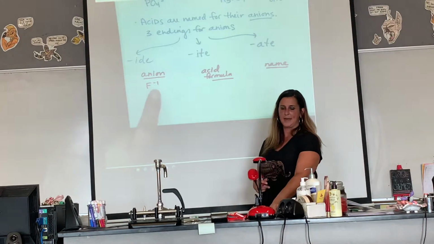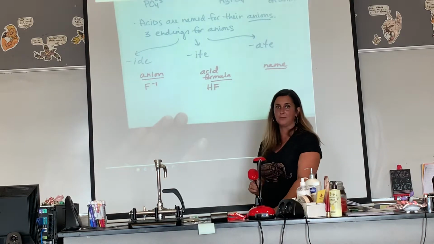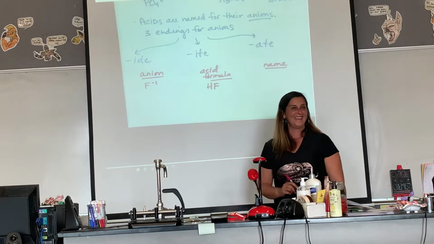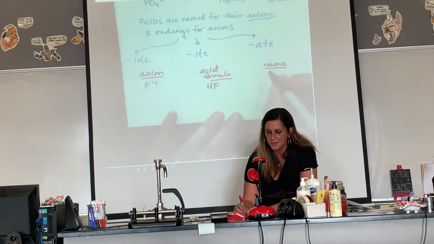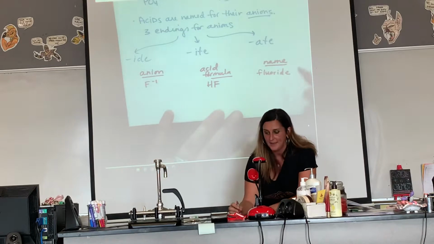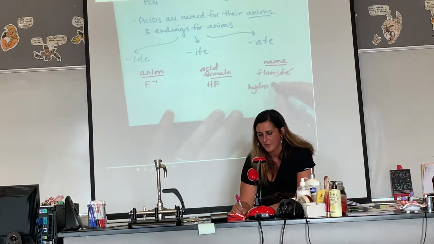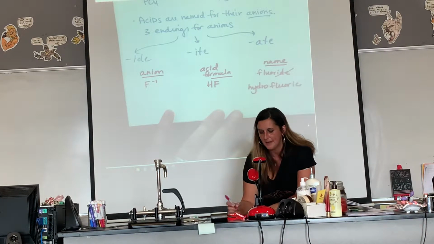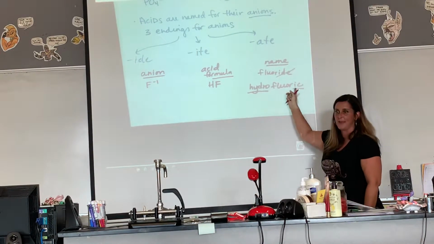Since this is a -1, the formula for the acid is just HF. With anything that ends in ide, you take the name of the anion, which is fluoride, drop the ide, and add hydro to the front and ic to the end. So you drop the ide and add hydro and ic.